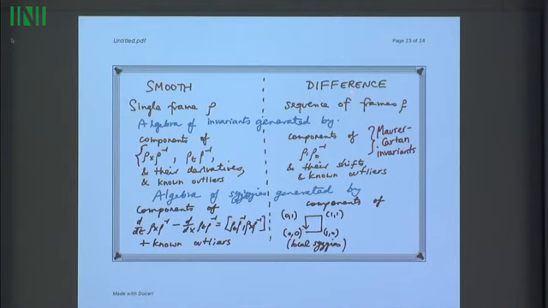The algebra of invariants is generated by the components of this one here and their shifts and some known outliers. So this is a theorem that you can get everything, and all of the local syzygies, or if you've got shifts in more than one direction, I go around a little square and they generate my difference syzygies.